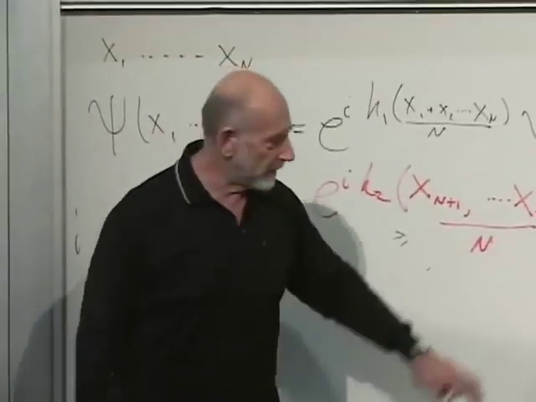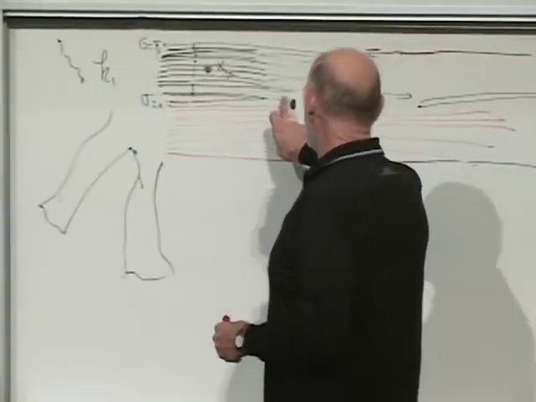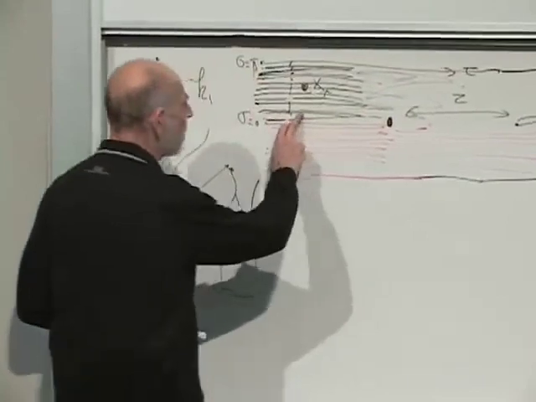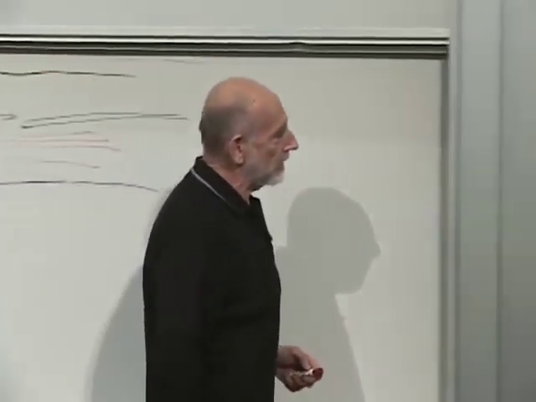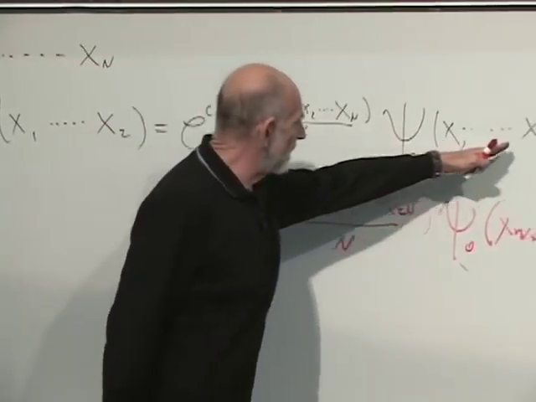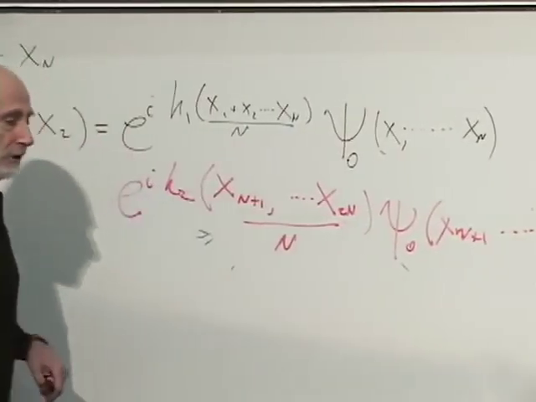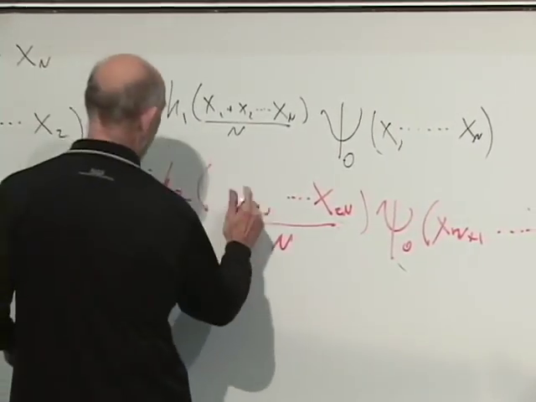So you begin with this. The next step is to say, let the nth particle on the first chain be at exactly the same place as xn plus 1. All right, so we're going to put in here then xn.